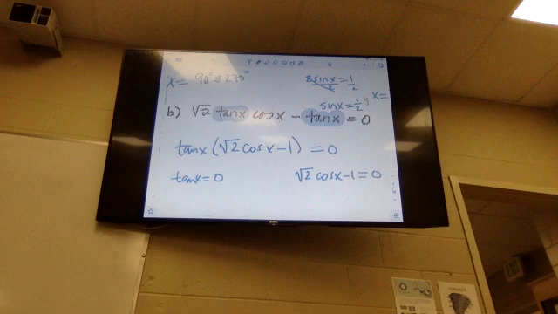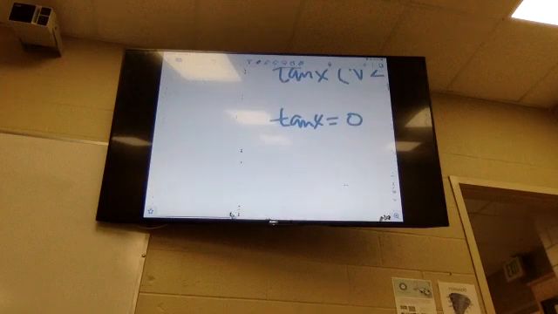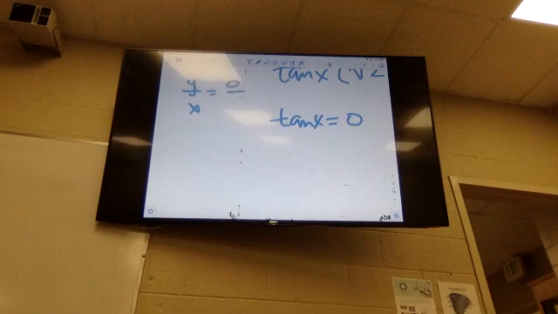Where is tangent 0? Remember that tangent is the same thing as y over x? And for tangent to be 0, the only way for that to happen is if 0 is in the numerator.